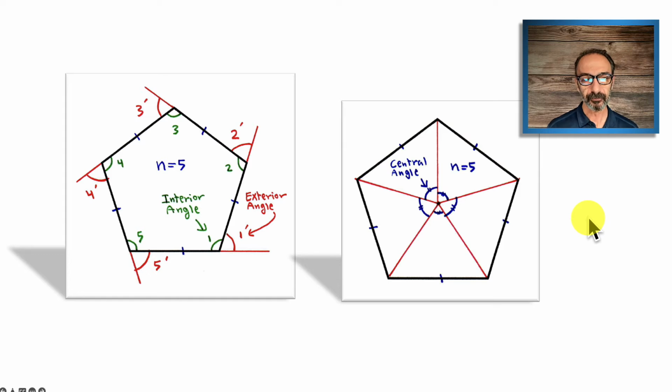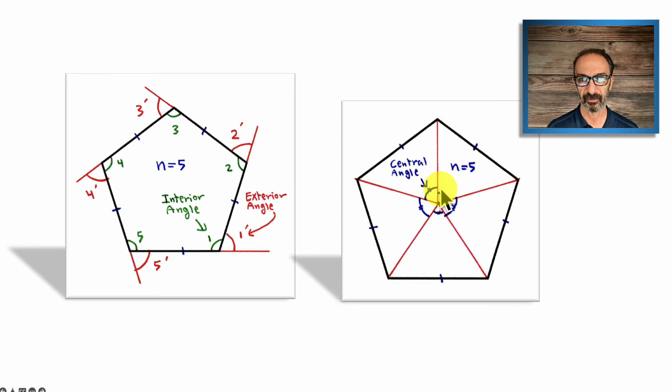Now, before I move on, I just want to show you a quick view of what is exterior, interior, and central. The one on the right side shows that we have n equals 5 sides, which is called a polygon, and it's regular because the sides are equal, as you could see with the tick marks. When you connect the center to the vertices, each angle right here is called the central angle. So we do have 1, 2, 3, 4, 5 central angles because each angle is facing one of the 5 sides.